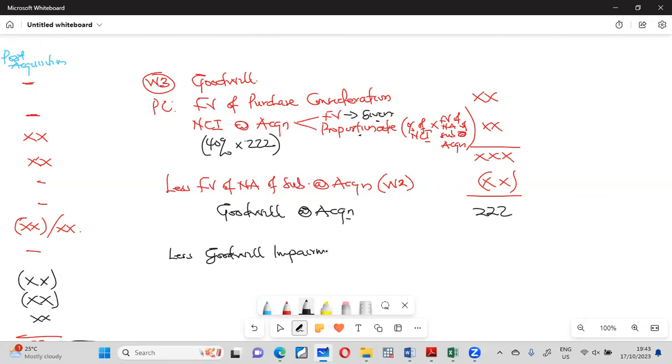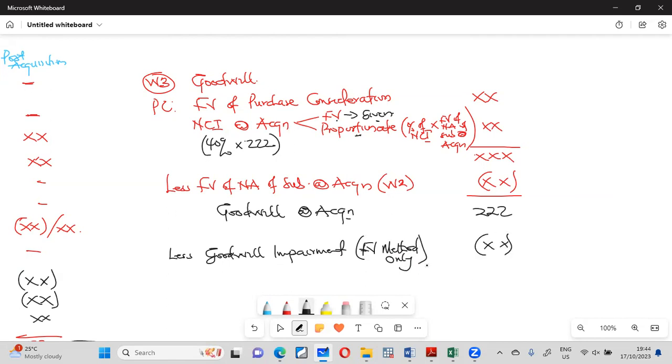Now, goodwill can only be impaired if the fair value method was used. This fair value method or full goodwill method. So fair value method only. If the proportionate method was used, don't look out for any goodwill impairment. All right.